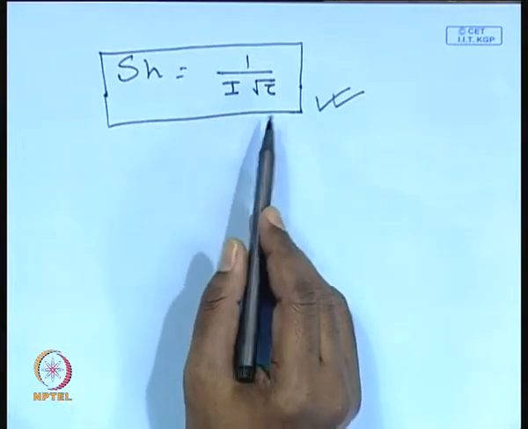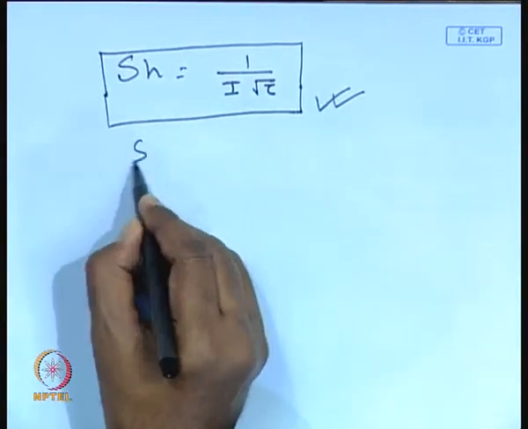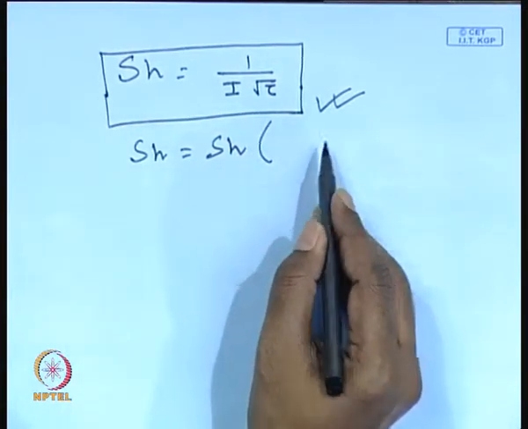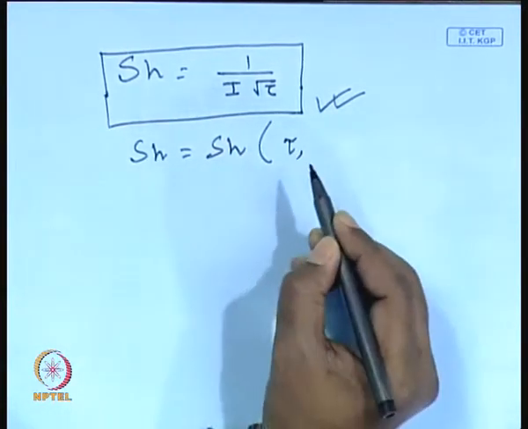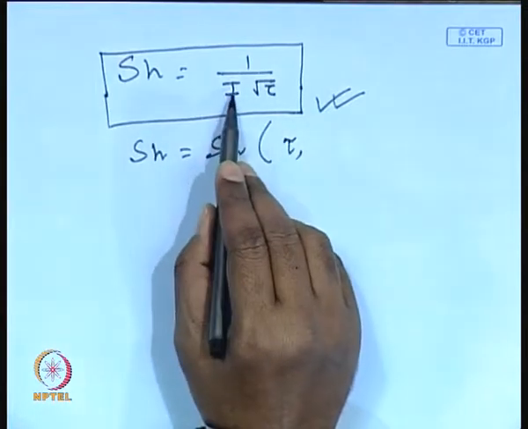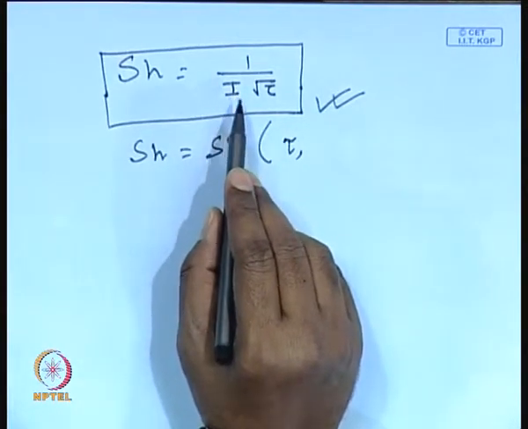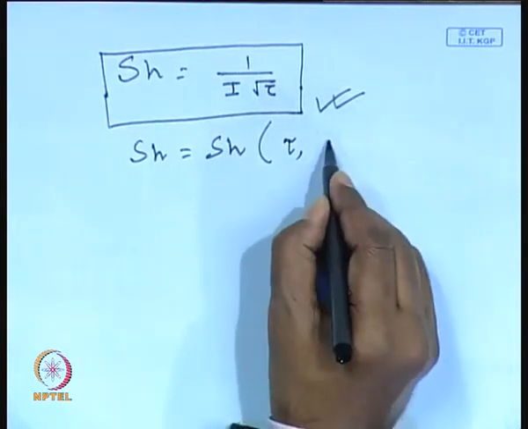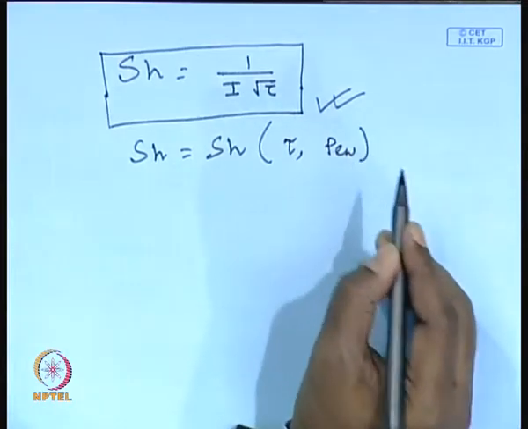Now, Sherwood number will be a function of two things. One is time, another is, if you remember, in the integration of I, there is a constant a, and a is nothing but Pw times root over tau. So, this will be a function of Pw as well.